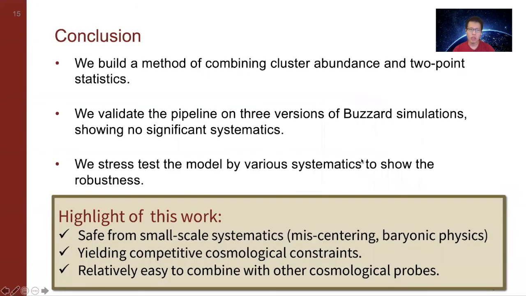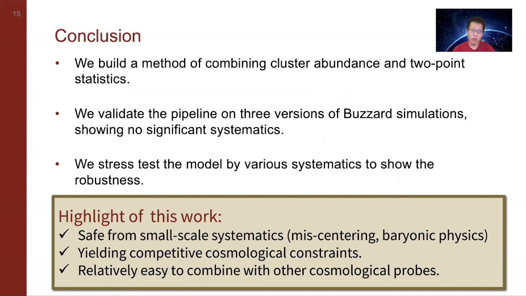Okay, so here are my conclusions. In this paper, we built a method of combining cluster abundance and 2-point correlation functions. We then validated our analysis on 3 different versions of Buzzard simulations, and in all the simulations, there are no significant systematics.